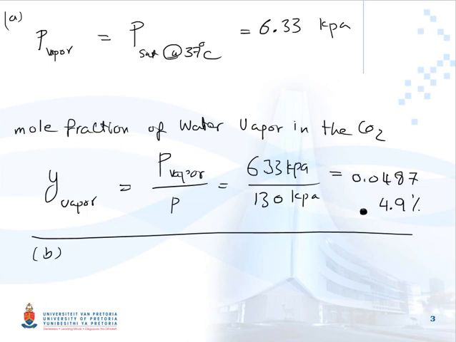Okay, so what do you think we should do first to find the mass, or the grams, of carbon dioxide which is dissolved in the water or drink?